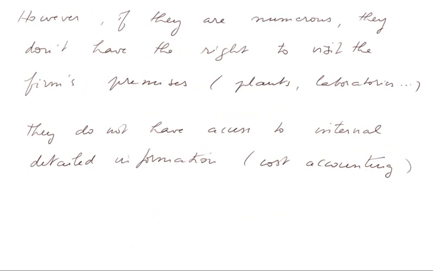However, they don't have the right to visit the firm's premises, the plants, the laboratories, and they do not have access to internal detailed information, in particular cost accounting or detailed accounts. So this ownership of a part of the firm is more virtual or theoretical than real.